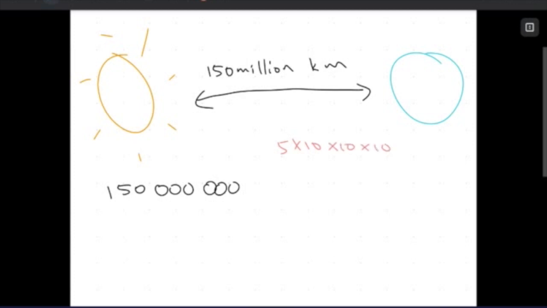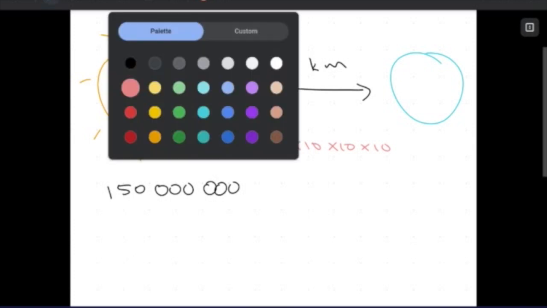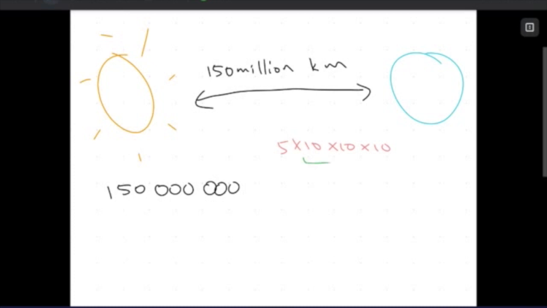Because 1,000 can be broken up into a product of three tens. But think back to what we did in the year 8 content. We looked at powers and indices. And we can say that the effect of timesing 10 by 10 by 10, it's a bit tedious writing it like this. We have a tool to make this easier. We can write this as 10 to the power of 3.